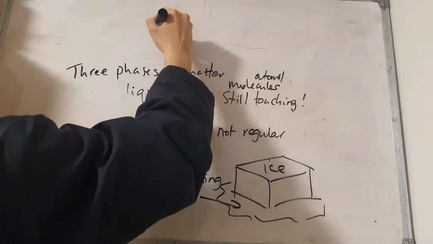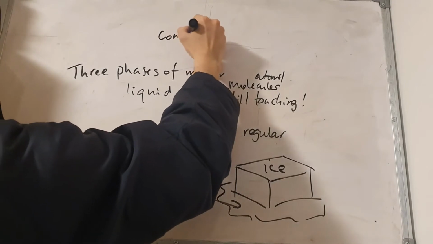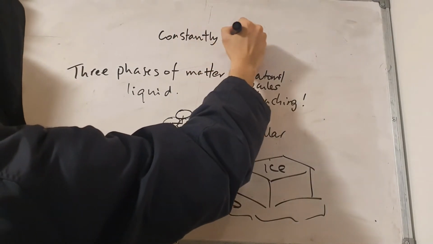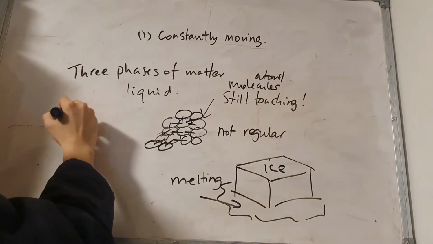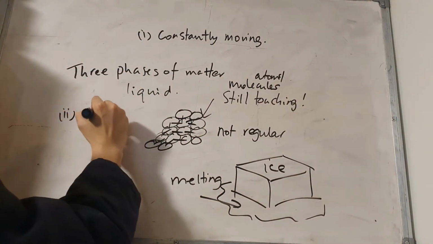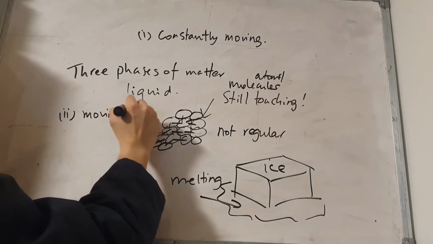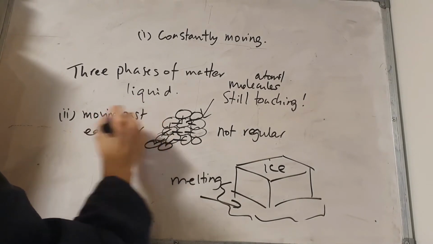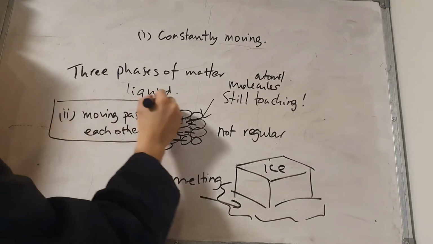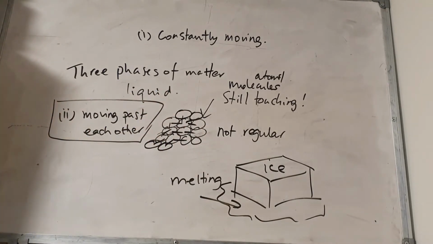So it is constantly moving past each other, and it's weaker than solids and irregular.